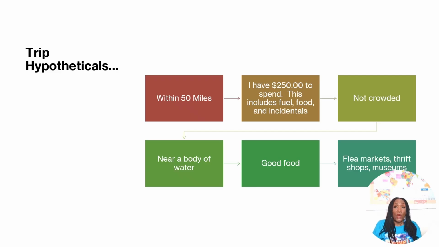So here are our hypotheticals for this trip. This means the criteria with which we begin the planning strategy. Our budget, our wants, our desires. So when I plug this into a search engine, like not wanting to spend more than $150 within 50 miles, free excursions, etc., let's see what the search engine produced.